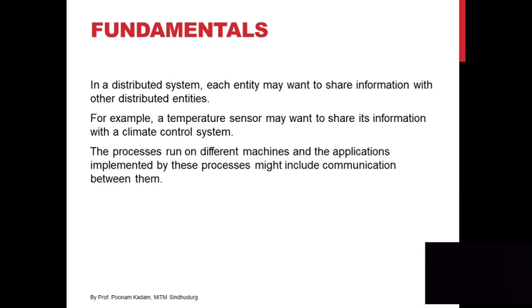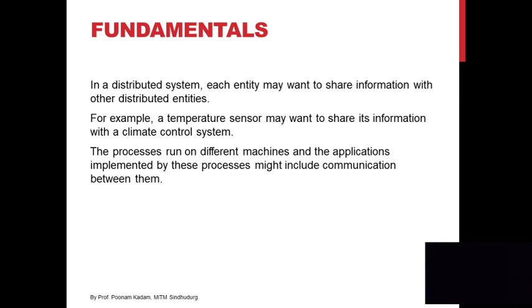For example, suppose a climate control system is there. A climate control system may have many units in the system. One unit may be a temperature sensor, which is going to sense the temperature, and after sensing that temperature, that information, what is the current temperature, should be shared to the control system, right?